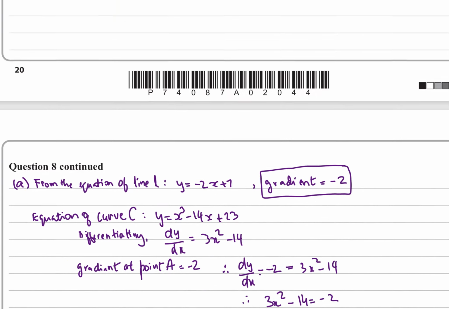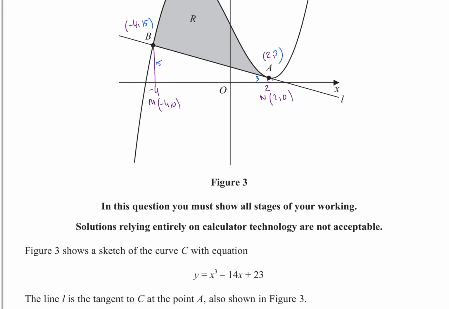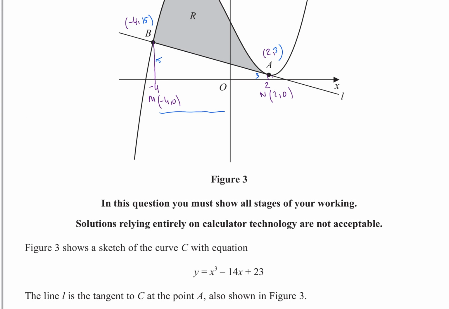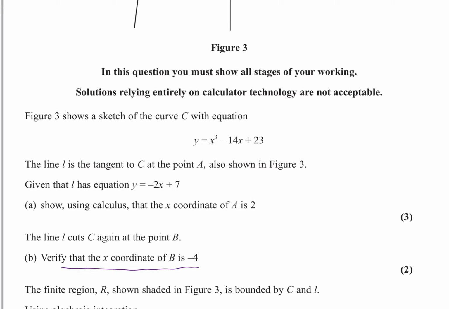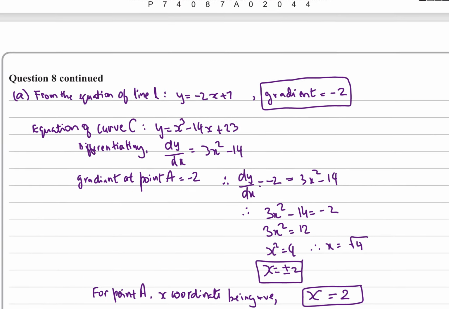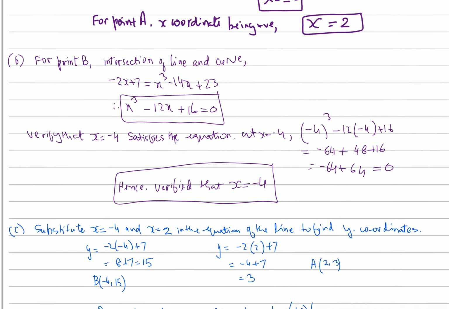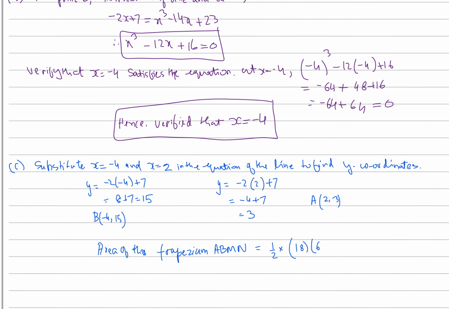This bit is 4 and this bit is 2, so the distance between them is 6. Times 6, so half times 6 is 3, and 3 times 18 is 54. You can see this is square units. So the area of the trapezium is 54 square units.